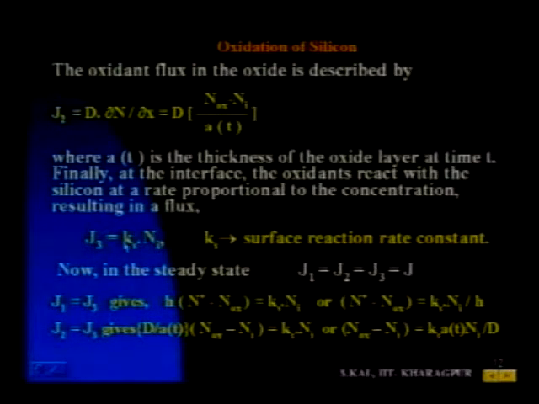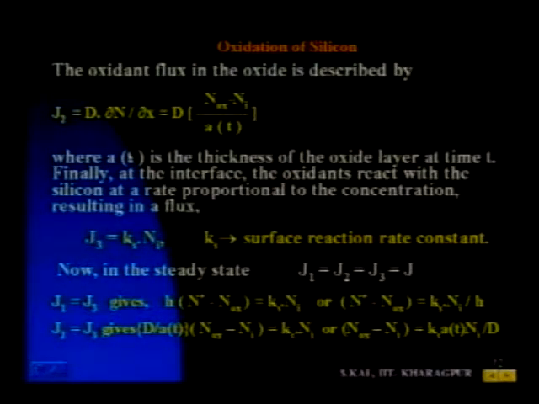That J3 is proportional to Ni. And now if you equate it, J3 is equal to Ks into Ni, where Ks is known as the surface reaction rate constant. Clear?